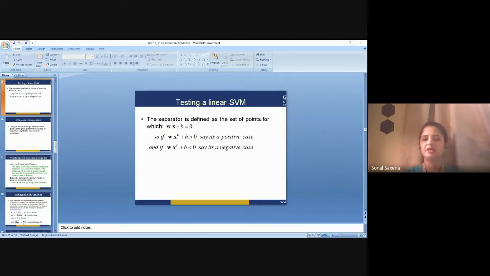Now, with normalized or standardized data, these hyperplanes can be described by the equations w^T x minus b equal to 1. Anything on or above this boundary is of one class with label 1. And w^T x minus b equal to minus 1 is anything on or below this boundary, of the other class with label minus 1.